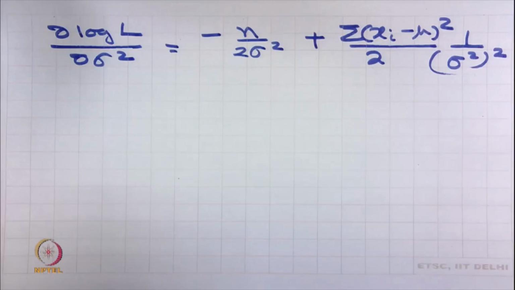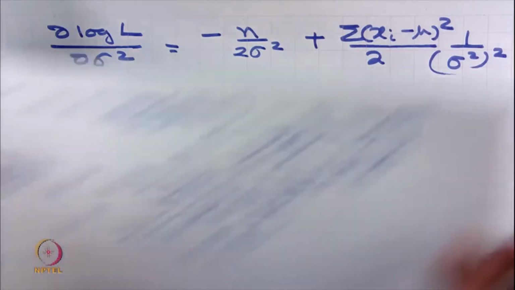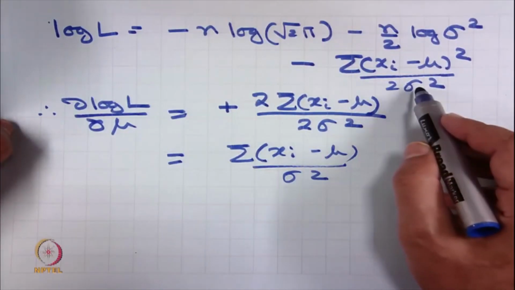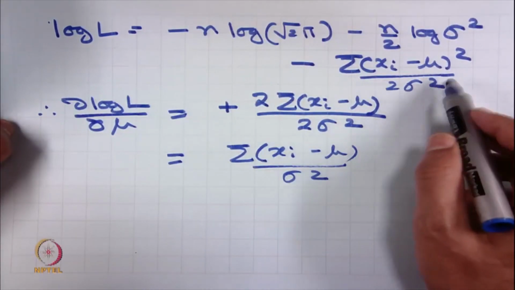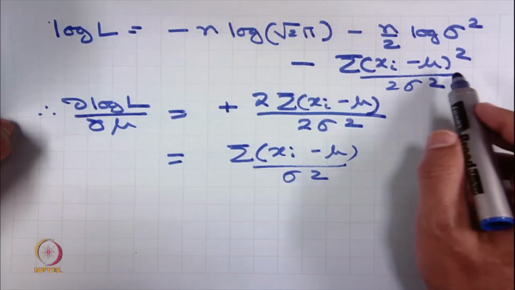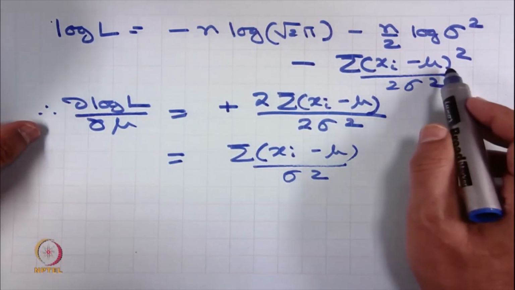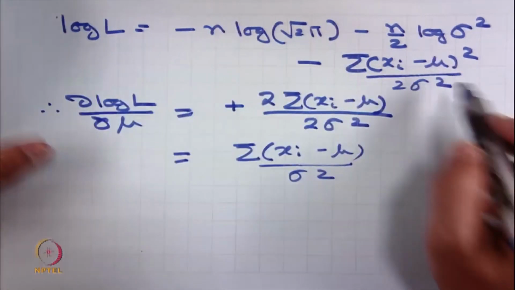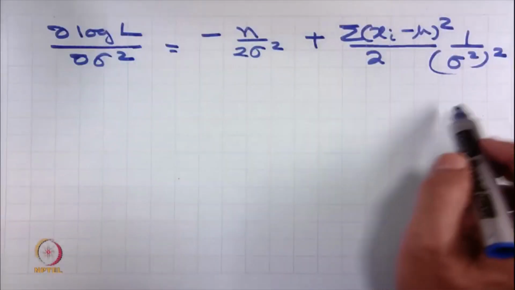Because if you look at this, it is 2 sigma square, so sigma square to the power minus 1. So, when we are differentiating, the minus will make it plus and 1 upon sigma square whole square.